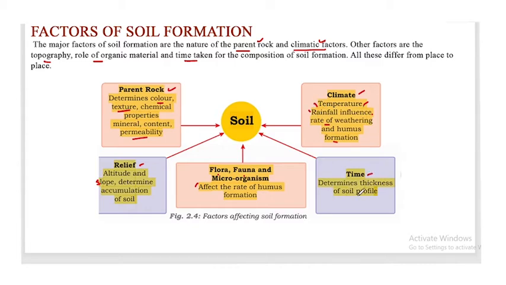Time determines the thickness of the soil profile. Then flora, fauna and microorganisms affect the rate of humus formation and the fertility. Now, relief. Altitude and slope determine the accumulation of soil. And the final one is parent rock, which determines the color, texture, chemical properties, mineral content and permeability.